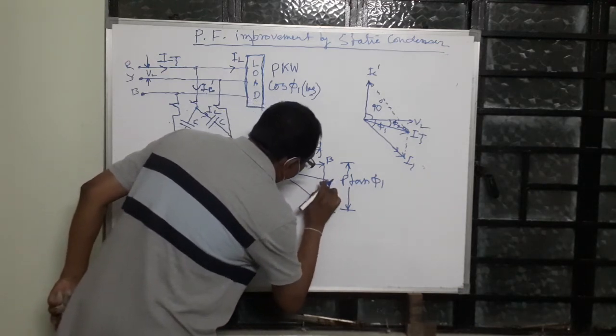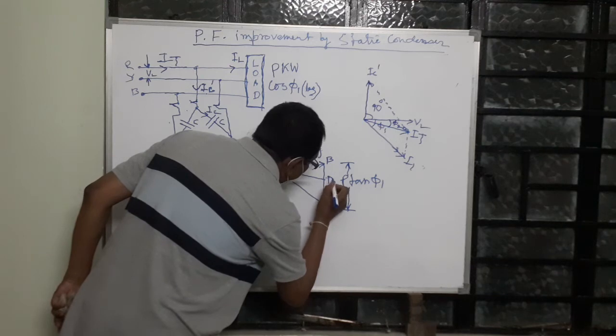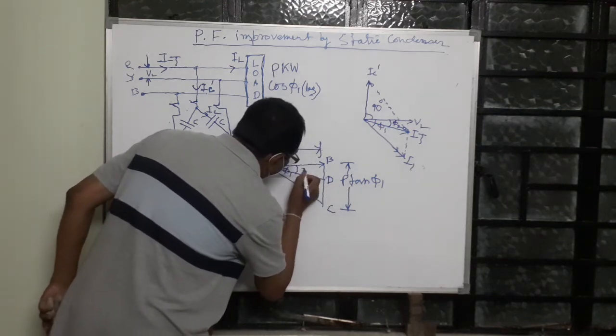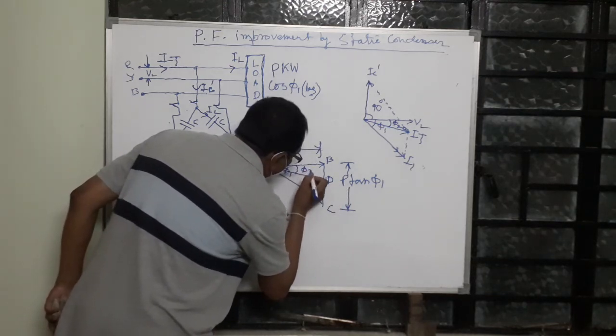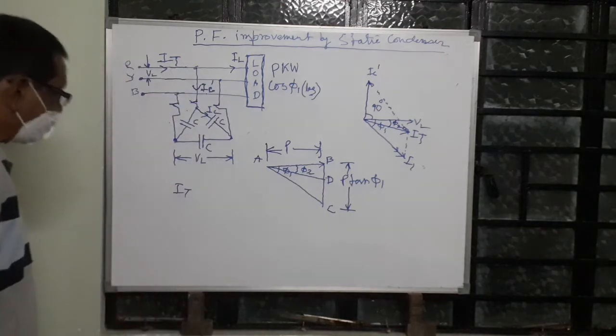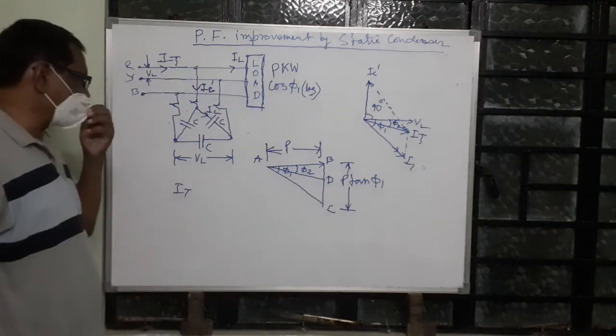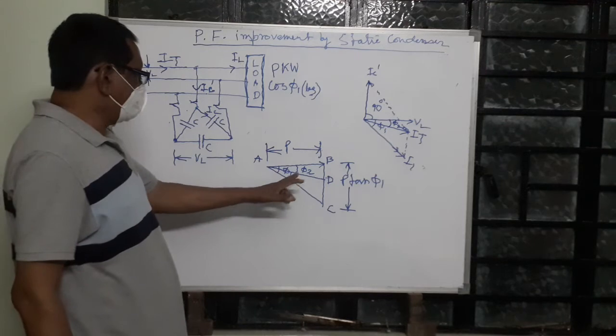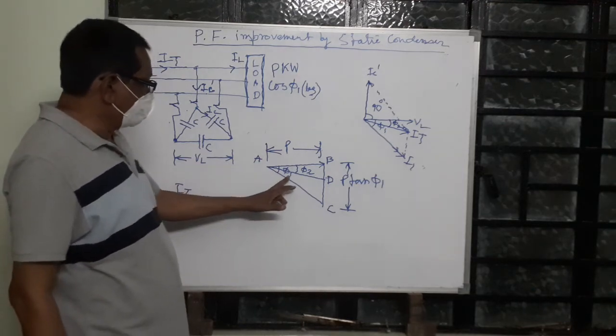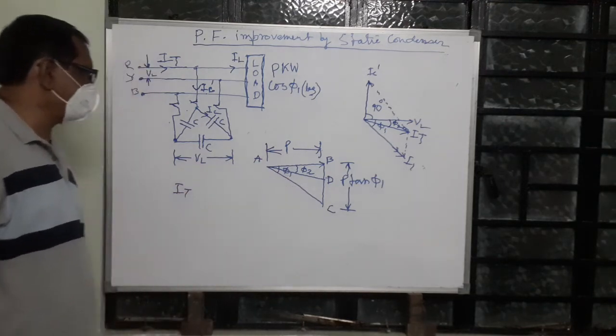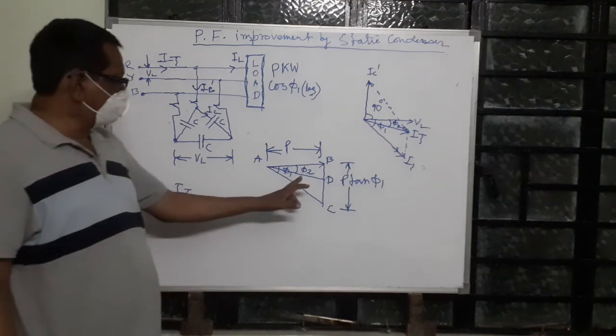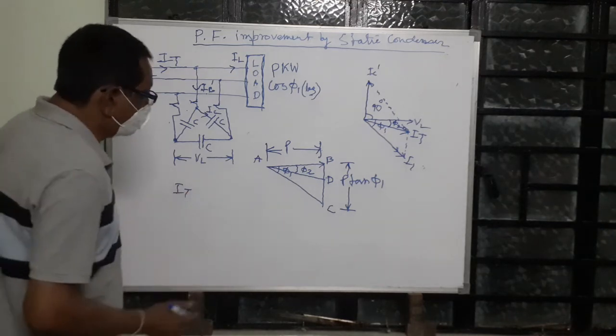Suppose this point is D, so this angle is phi 2. Before connecting the capacitor the angle was phi 1, and after connecting it the angle is phi 2.